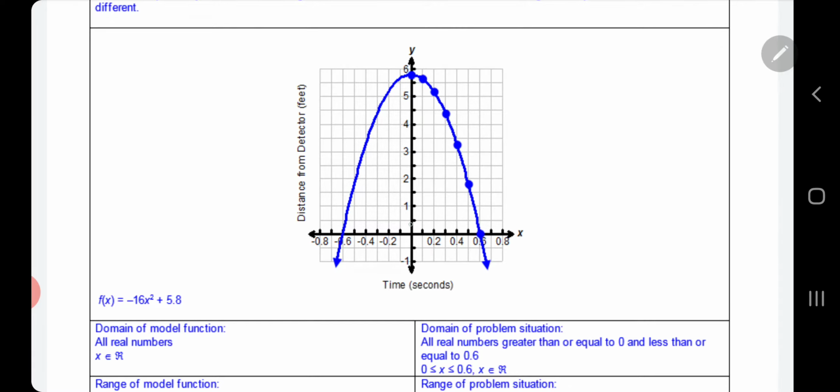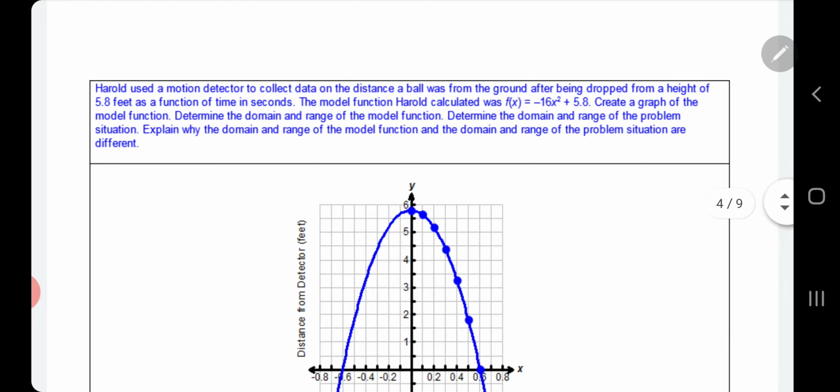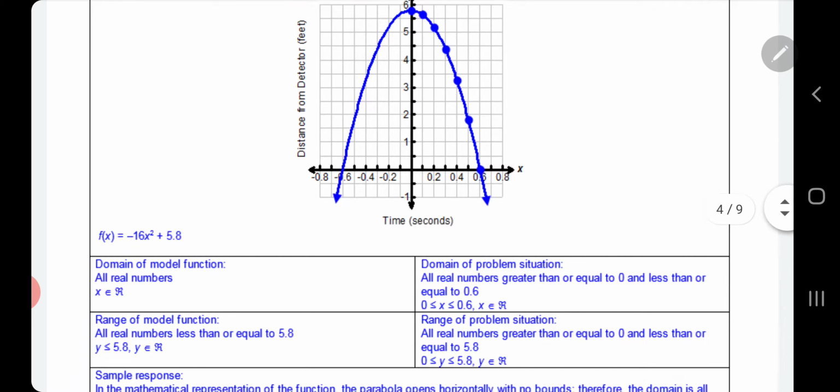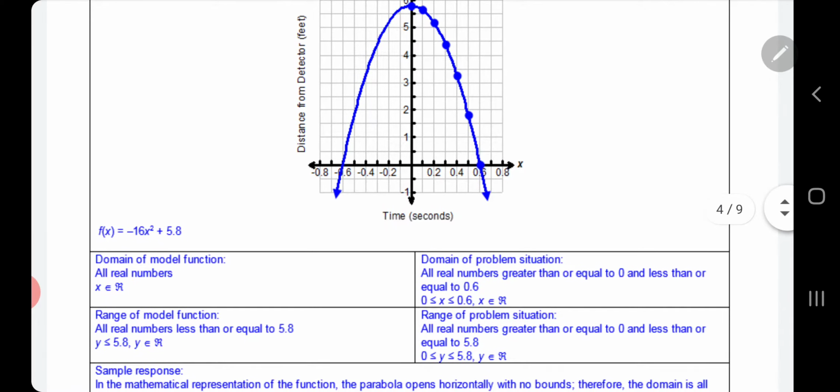So, up and down, our lowest point is 0 when it hits the ground, and our starting point is 5.8 feet in the air. So we're all values between 5.8 and 0, or greater than or equal to 0, but less than or equal to 5.8, such that y is a real number.